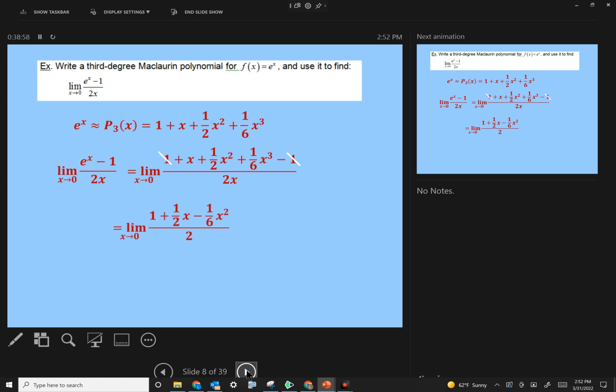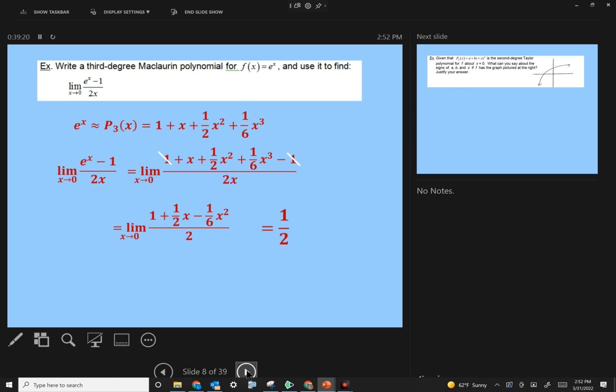And by the way, I know you have fractions and fractions. Who cares right now, right? Don't worry about the fractions. Once you simplify, then what do I do? I substitute in 0 for x. If I put in a 0 for x, then what do I end up with? Don't I just get 1/2? 1 plus 0 minus 0 all over 2?